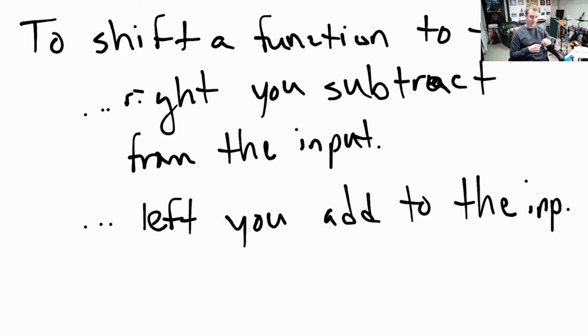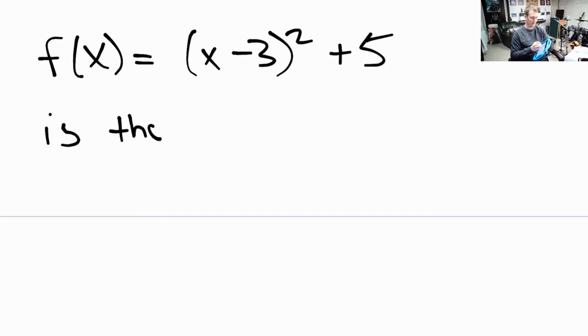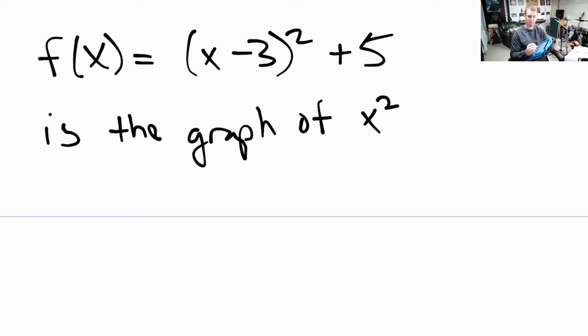So with that, we now know how to sort of think about some really odd graphs. So we could look at something like this. f of x equals (x minus 3) squared plus 5. So this looks strange, but this is the graph of x squared.